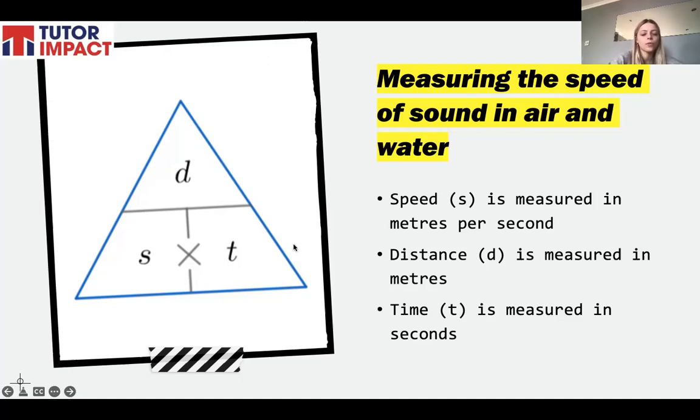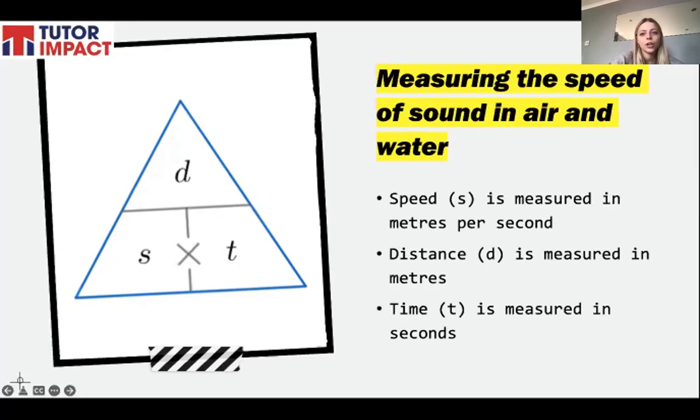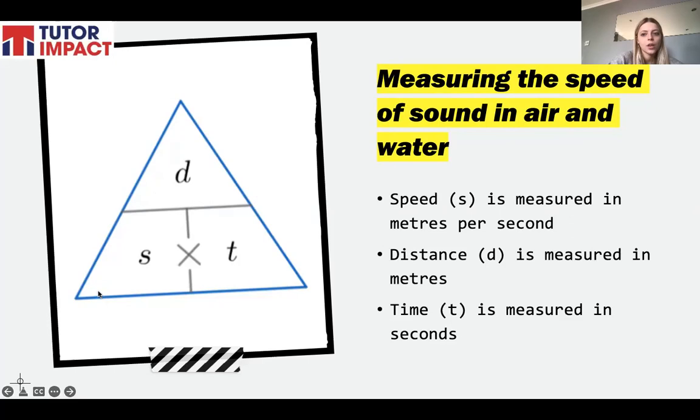Just as before, we cover up the letter which we want to find out, and then it shows us the formula. So if we wanted to work out the speed of the sound in air or water, we would cover that S, and we would see that the equation is the distance divided by the time. Similarly, you can cover up the other aspects to ensure that you can work out the correct equation.